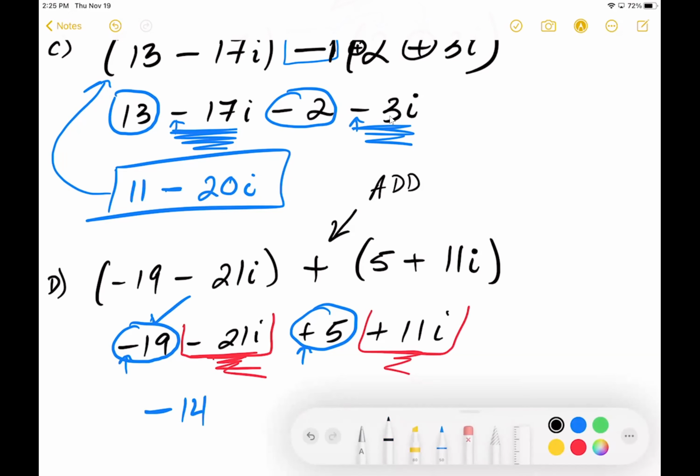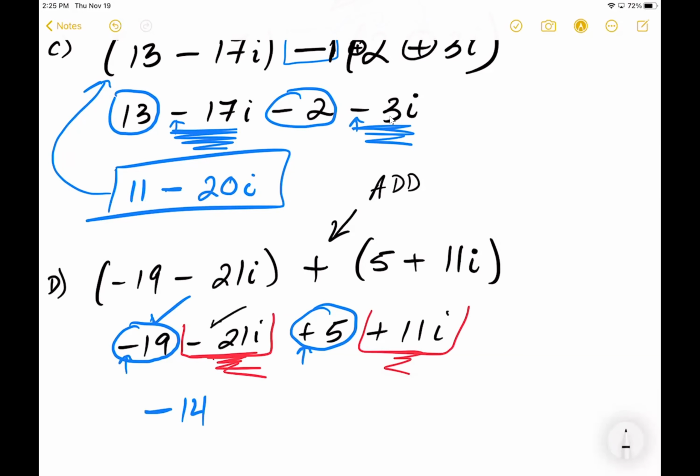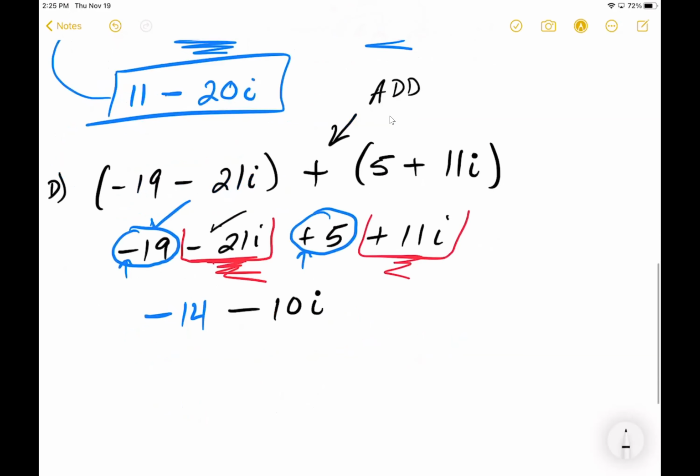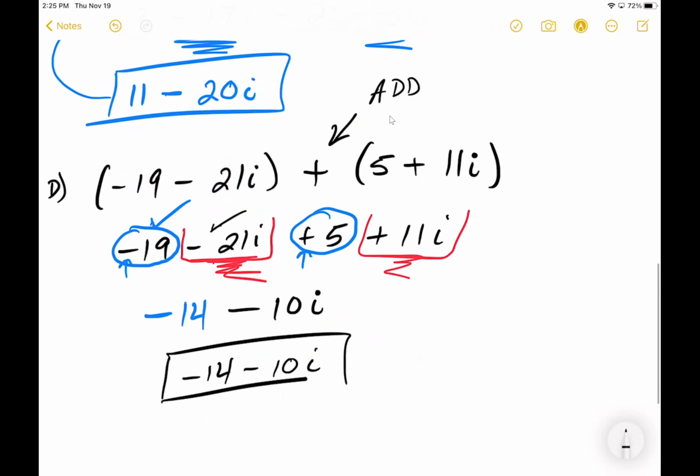Because 21 is bigger than 11, I need to keep the sign of the 21, which is negative. So my answer is negative 14 take away 10i, where 14 is the real portion and the i is the imaginary portion. So this is your answer.